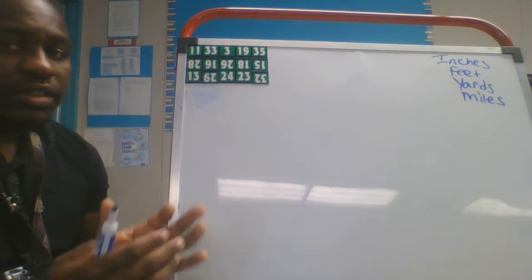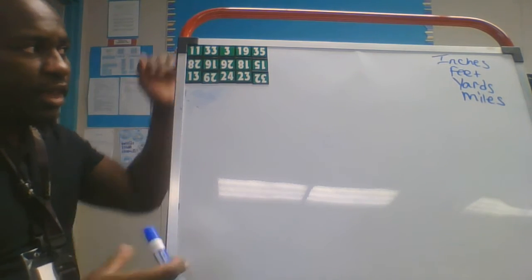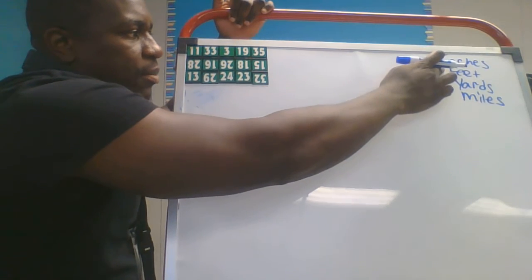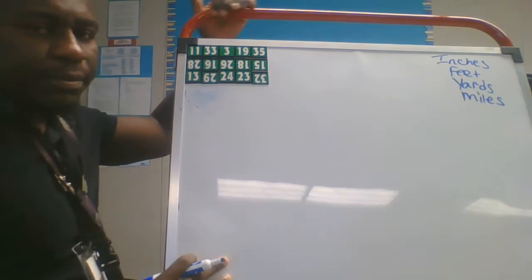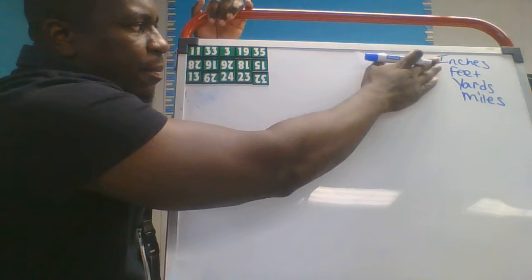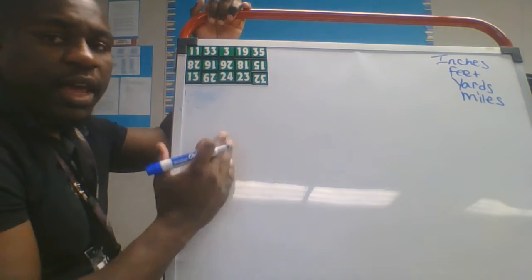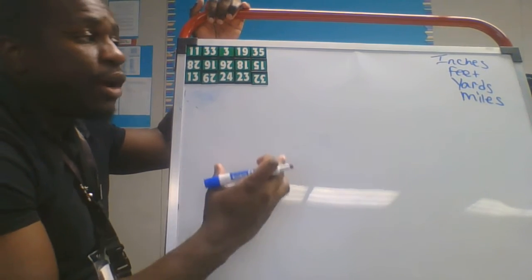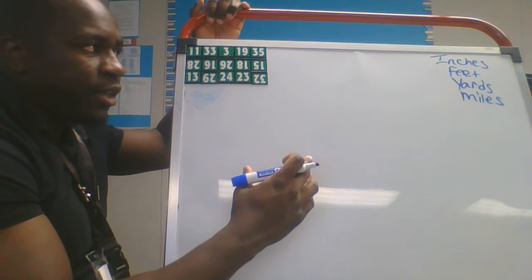And there are four types of measurements that you're going to see: inches, feet, yards, and miles. Okay. So inches is the base unit, right? That's the smallest unit that we use here in America for our customary units.